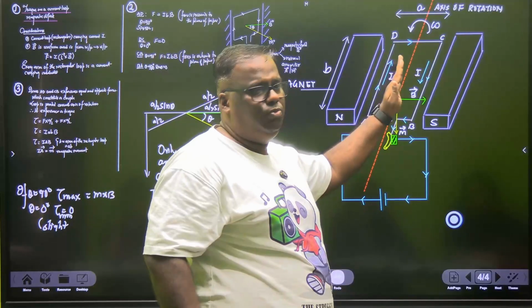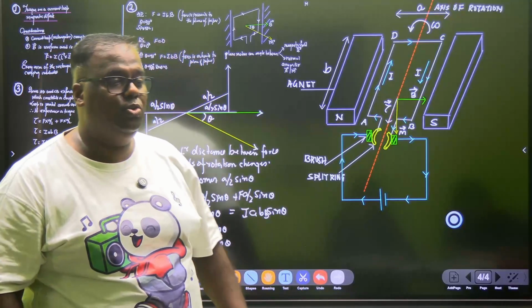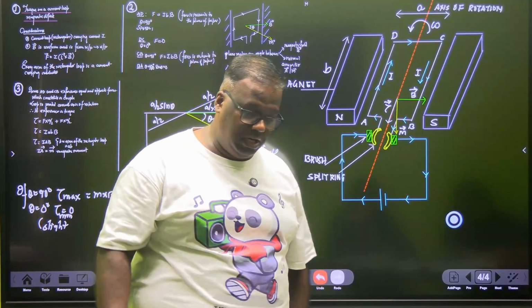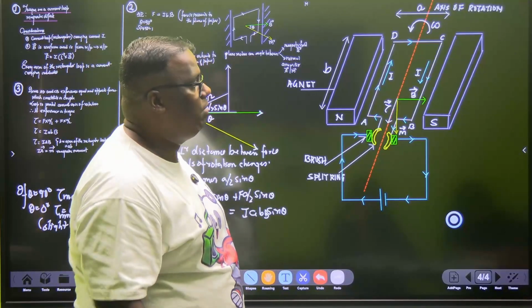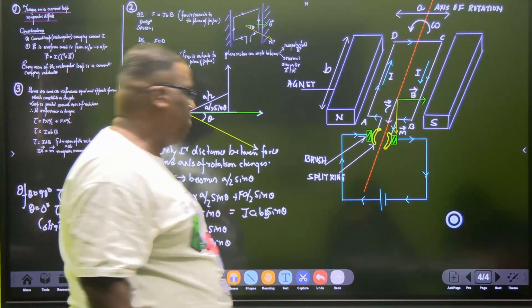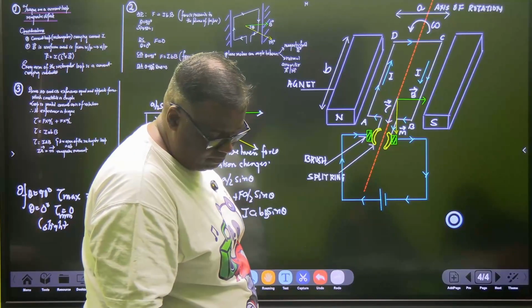At that moment, if you slightly displace it, the system restores to the original configuration. So you can write theta equal to 0, slight disturbance, torque brings it back, and I call it stable equilibrium.